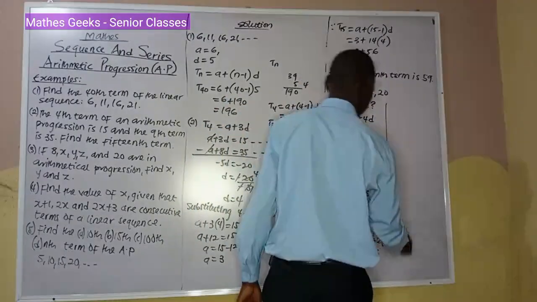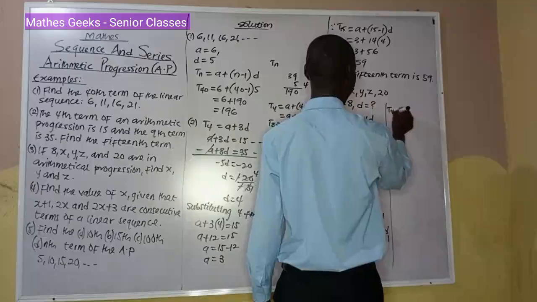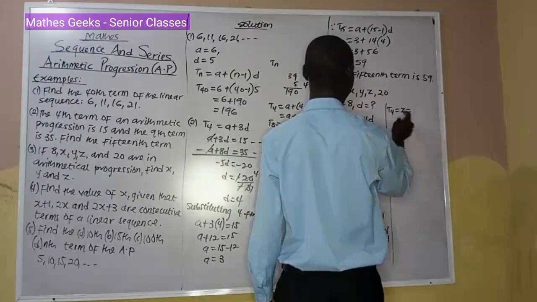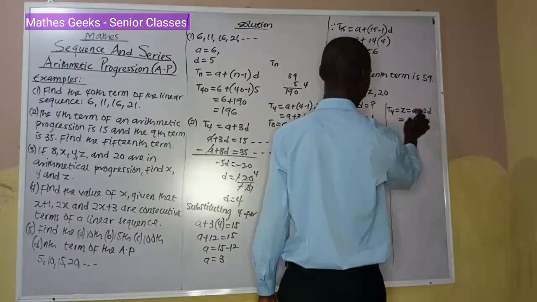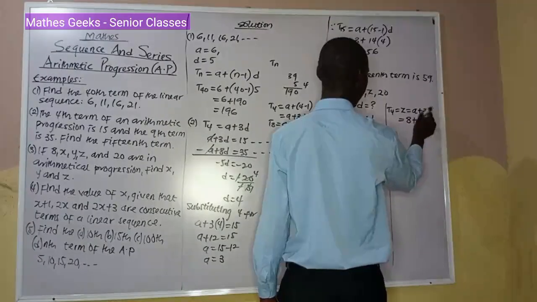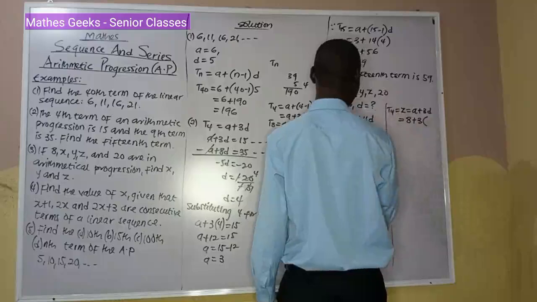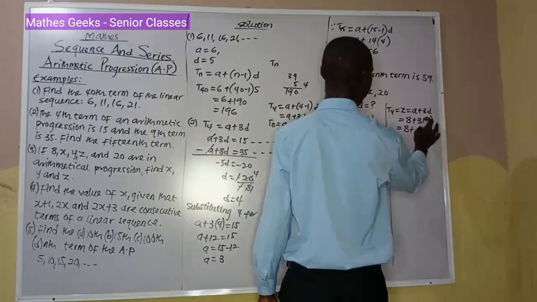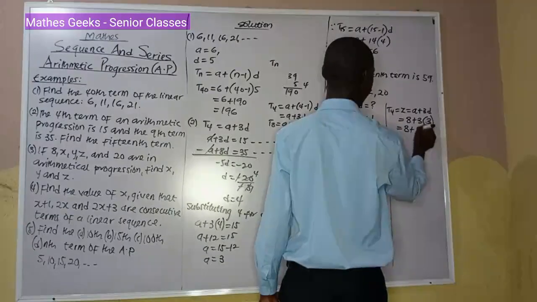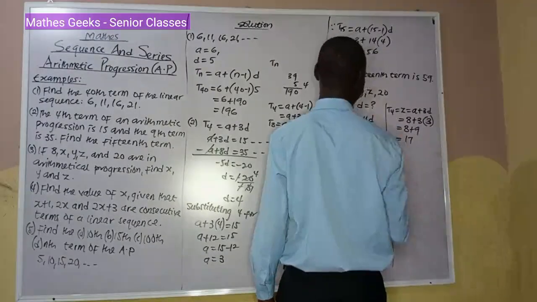T4 is equal to z, and that's equal to A plus 3D. A is equal to 8 plus 3 times D. Our common difference is 3, and that is 8 plus 3 times 3 is 9, and that's equal to 17.